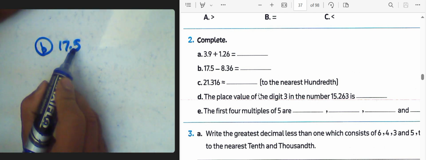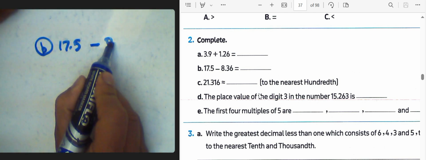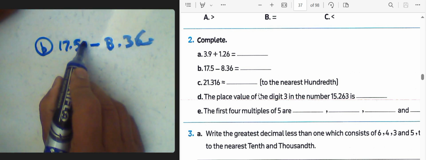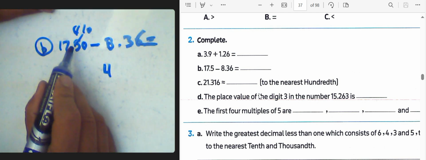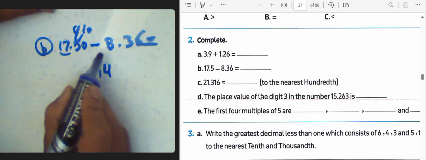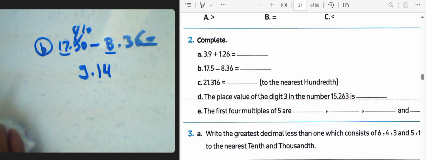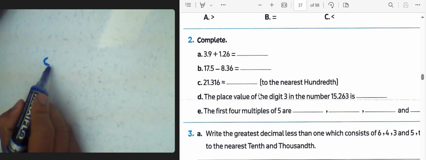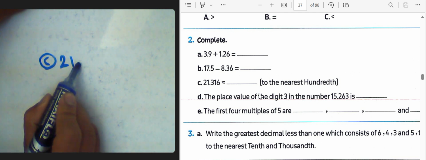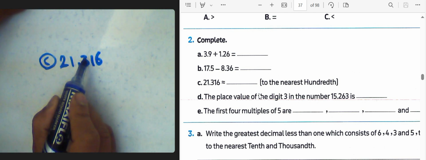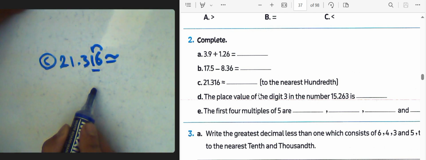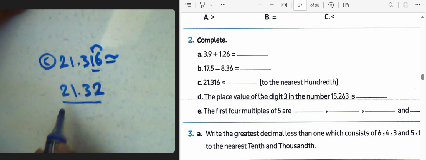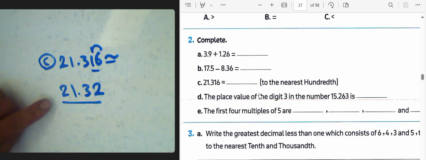Question letter B: we find the difference between two numbers, 17.5 subtract 8.36. We must put 0, and 0 minus 6 we can't do, so 10 minus 6 is 4, 4 minus 3 is 1, and 17 minus 8 is 9. Letter C: we have 21 and 316 thousandths, approximated to the nearest hundredth. 6 gives 1 to the 1, so the result will be 21 and 32 hundredths.